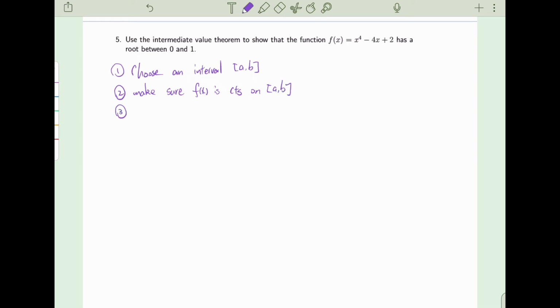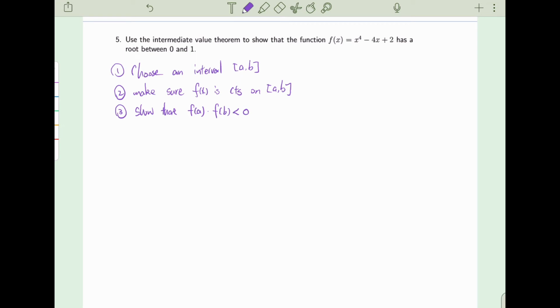And the third step is to show that f(a) times f(b) is less than 0. So basically that is f(a) greater than 0, f(b) less than 0, or f(a) less than 0, f(b) greater than 0.